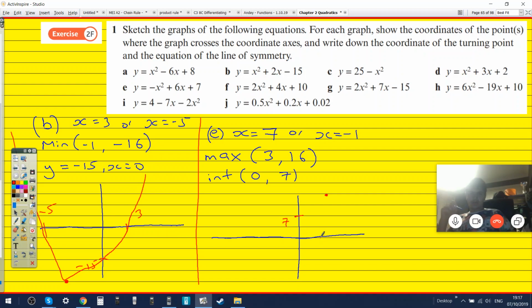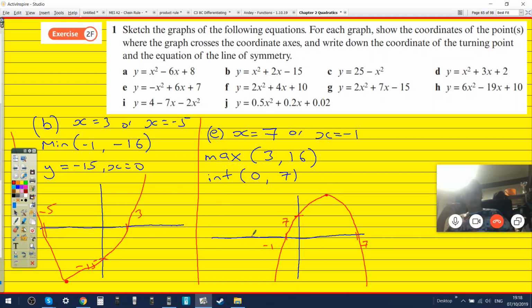On the x-axis, it's -1 and 7, and then we'll give it an unhappy face. So you curve it down. That's the best I can do. There we go. That's it.